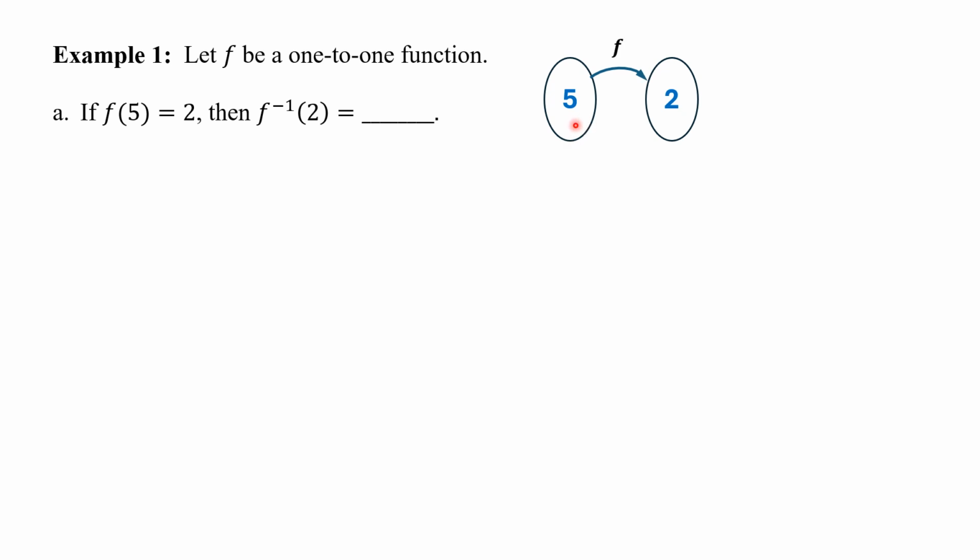So 5 is in the first set and 2 is in the second set, and the mapping is the function f. This shows the mapping of f of 5 is equal to 2. And then doing the f inverse, which is the inverse operation of f, the input is 2 and the output is 5. So that's why f inverse of 2 is equal to 5.